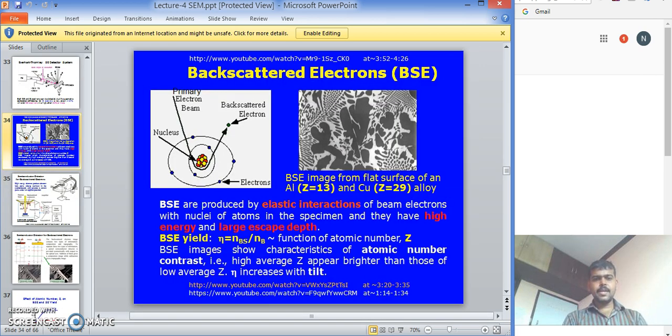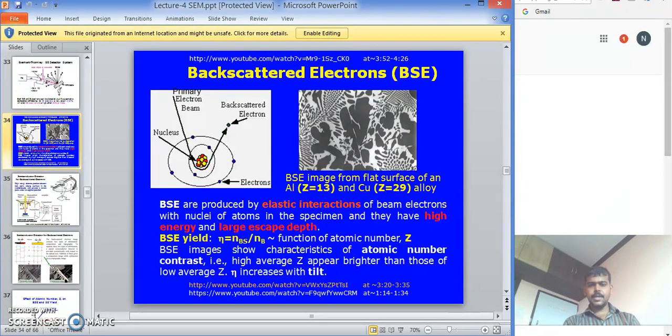The backscattered electrons are produced by elastic interactions of beam electrons with nuclei of atoms in the specimen, and they have high energy and large escape depth. BSE images show the characteristics of atomic number contrast, that is, high average Z appears brighter than low average Z. Here Z means atomic number.